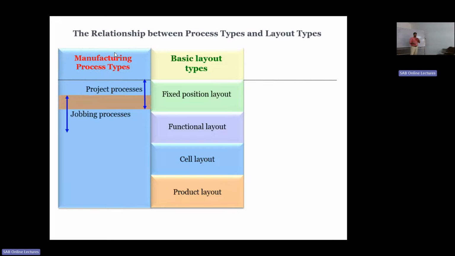Try to understand. Coming to the next one, batch processes. What are the characteristics of batch processes? Compared to jobbing processes, volume is high. We call it moderate volume. How about variety? Fewer varieties. Selected few items. Selected fewer varieties, but moderate volume.